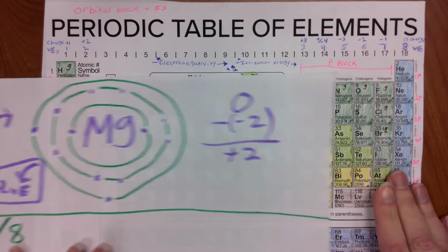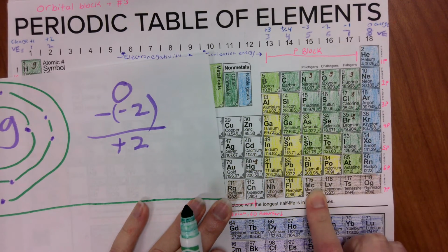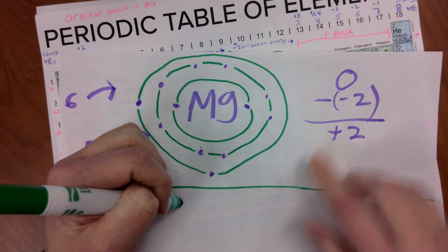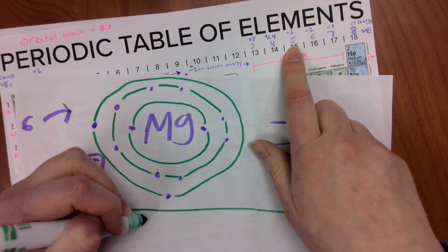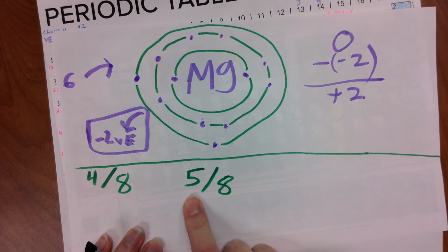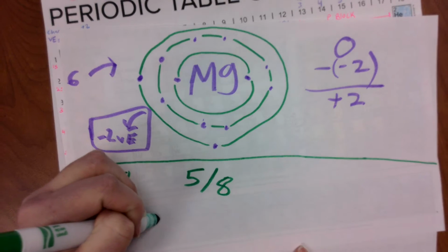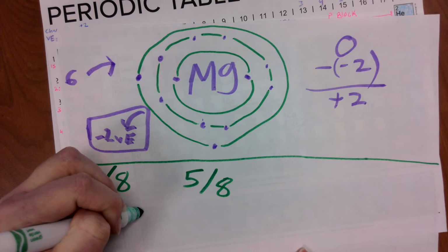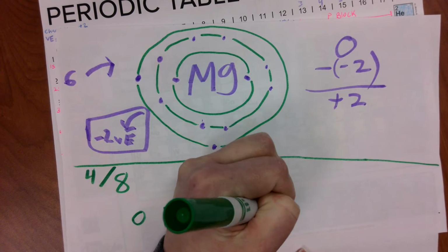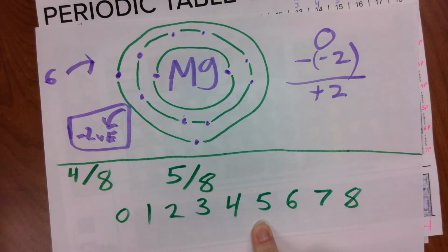And then we move on to column 15 or group 15. If we look at that, it has 5 valence electrons. 5 out of 8. Are you closer to 8 or to 0? So, if you write a number line, you're here at 5.